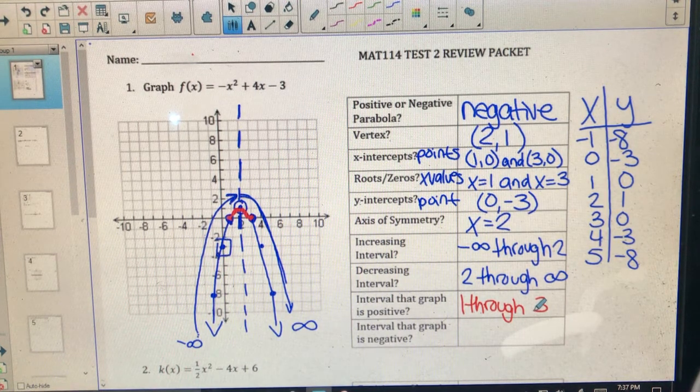Okay, now for negative, it was negative much longer. It was negative starting here and up, and then it was negative again from here and down. Now remember, we said that negative infinity is where it's starting, and then all the way through this value where it started being positive. So it was negative from negative infinity through 1.